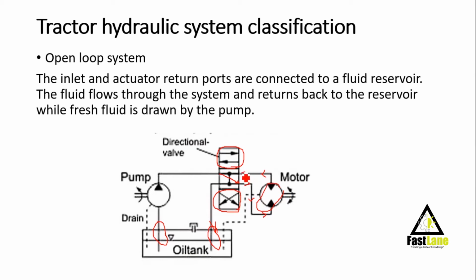And when the fluid reaches this point again, when you look at the second arrow, the tube is switched back to this point, such that now we have the fluid moving down back to the reservoir. So in an open center system, we have fluid moving back and forth through the motor, and the directional control valve is used to change the direction of the fluid.